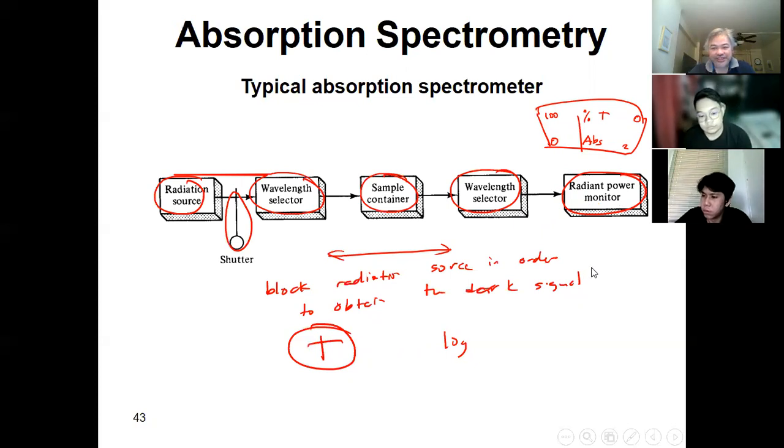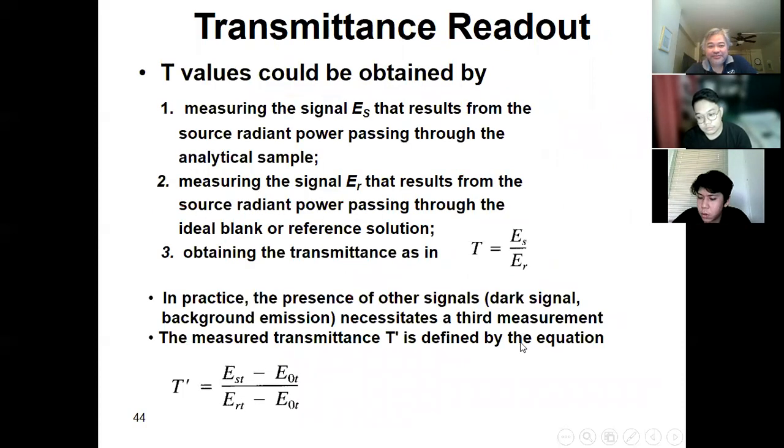And right now, all you need to do is put the blank, zero it, then put the sample, and then you get the absorbance. You rarely get the transmittance. Okay? So the transmittance value could be obtained by measuring the signal ES. So what is ES?